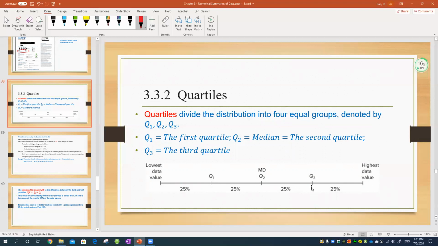Starting from the smallest to the largest, we call them Q1, Q2, Q3. Just based on the word quartile, you can kind of know the population is divided into 4. So Q1 is the first quartile, Q2 the second quartile, and Q3 the third quartile. We also need to know that Q2 is the same as the median.